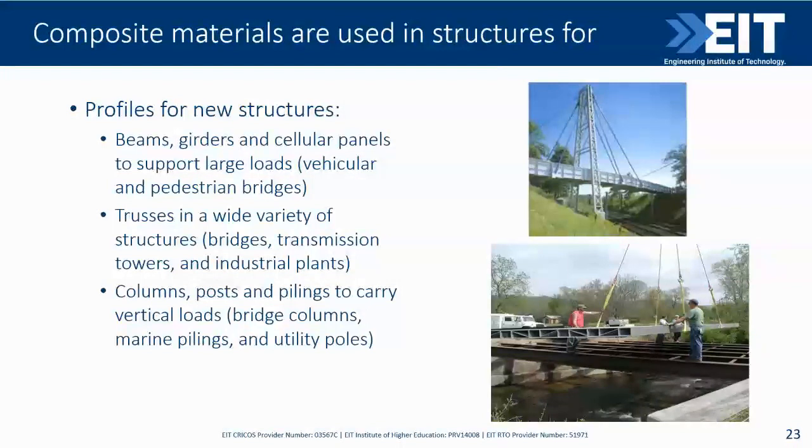So this application is becoming very popular. Production of profiles of composite materials, so beams, girders, and panels to support large loads. It comes to bridges. There are a couple of examples, this particular one here being a fully composite bridge.